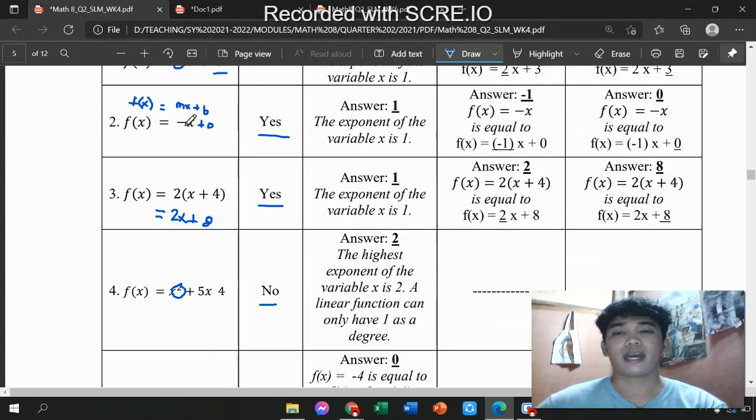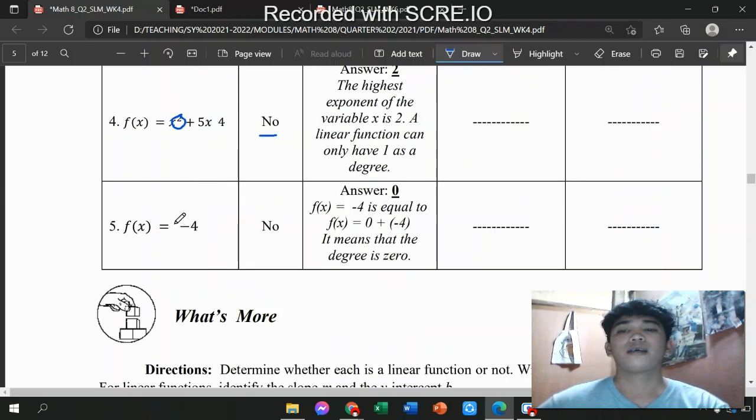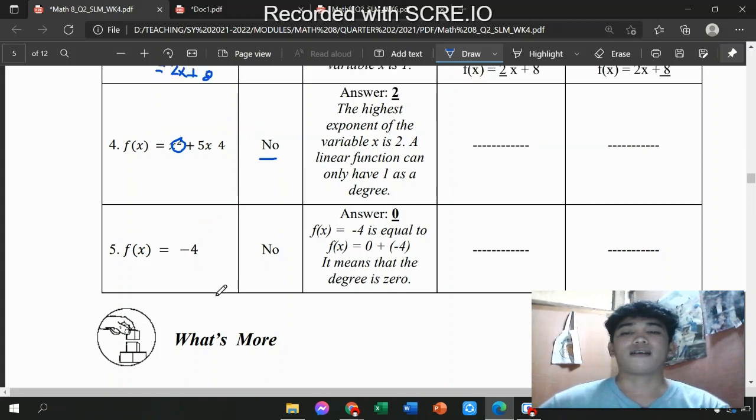Naa man siya variable nga x nga giplasan ra og 0. Here, whole number na ni siya. Negative 4 man dayon, wala tay x. So, dili na to siya maporma nga f of x equals mx plus b. So, this is not a linear function.